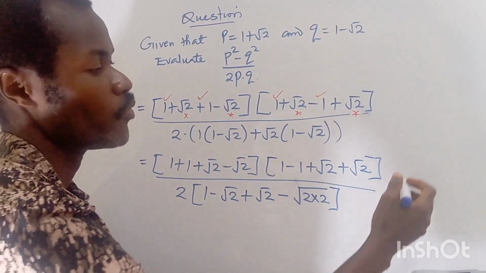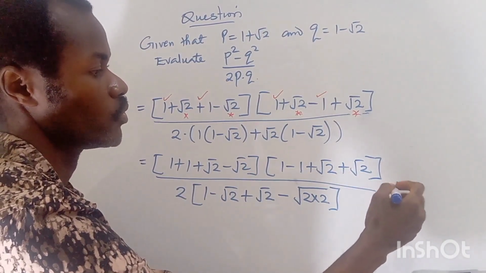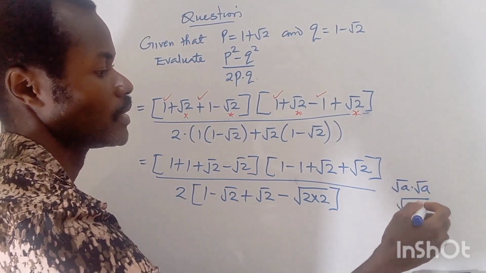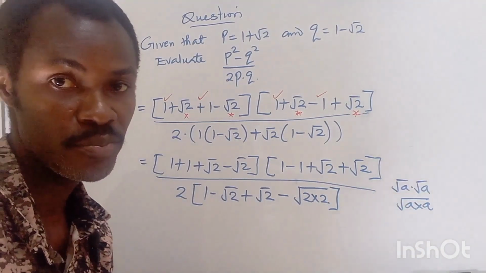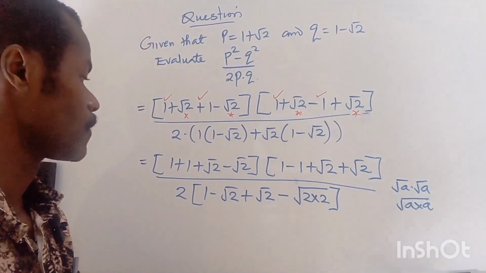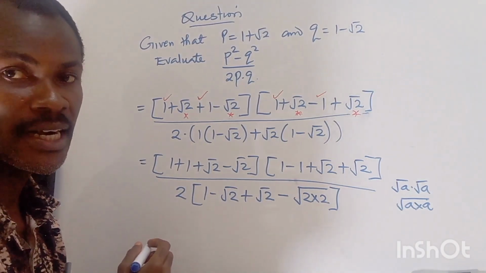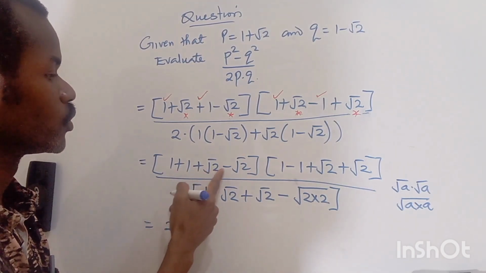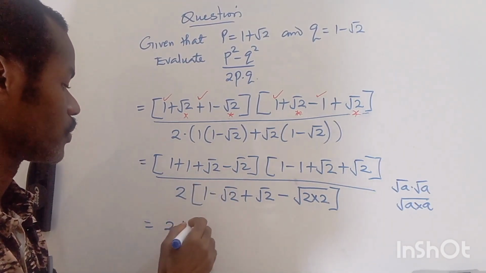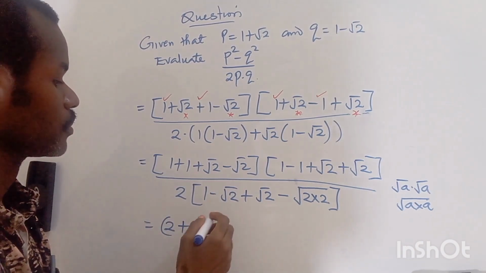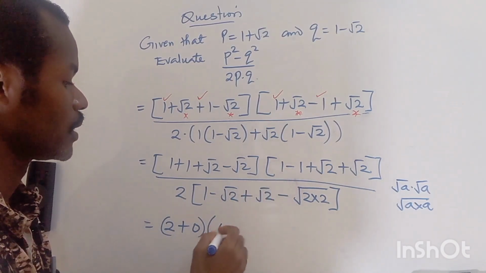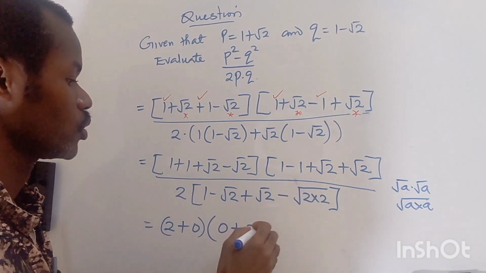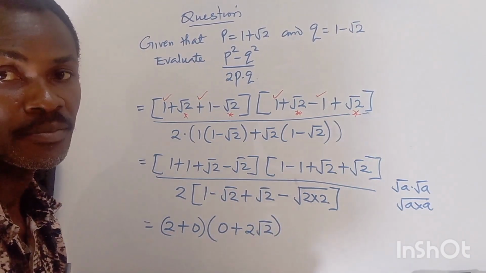Remember your rule: if we have root a times root a, it means square root of a times a. That's the principle of surds. So we are going to have 1 plus 1 is 2, plus root 2 minus root 2 is 0. What about this? 1 minus 1 is 0, plus root 2 plus root 2 is going to give us plus 2 root 2.